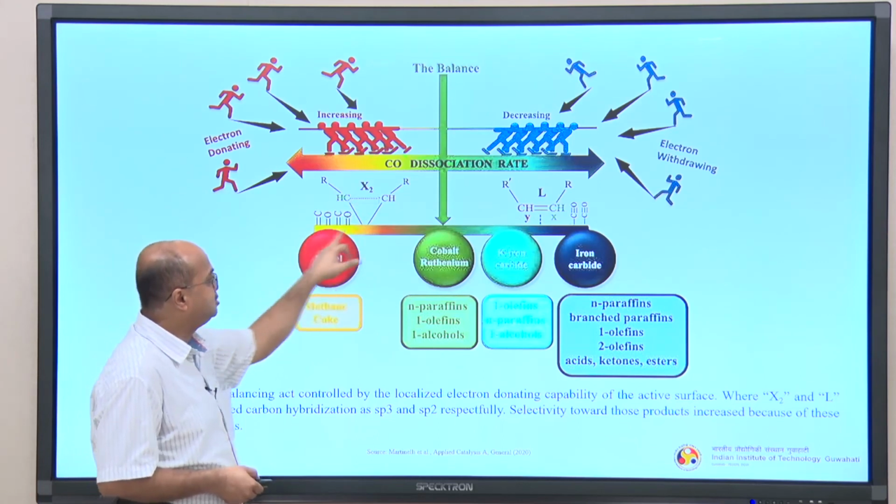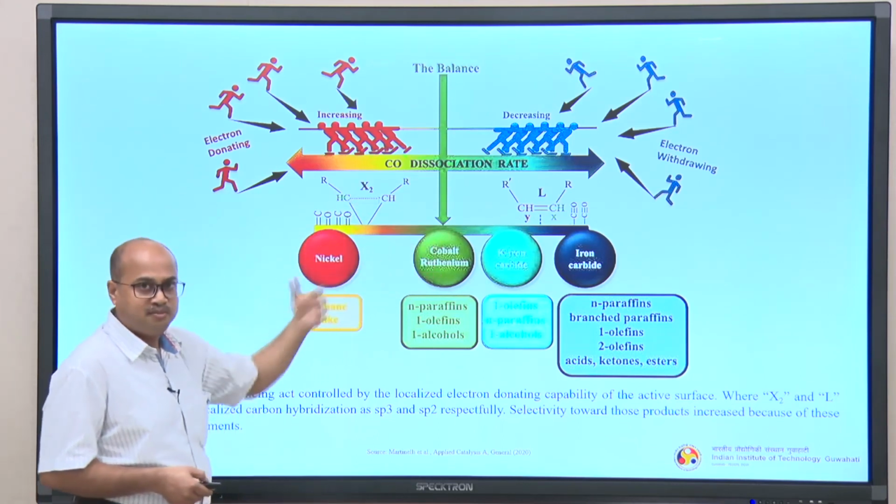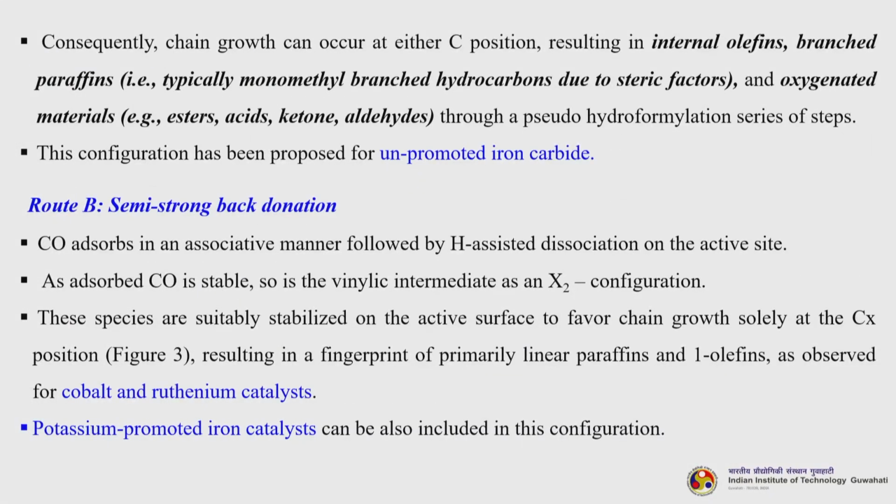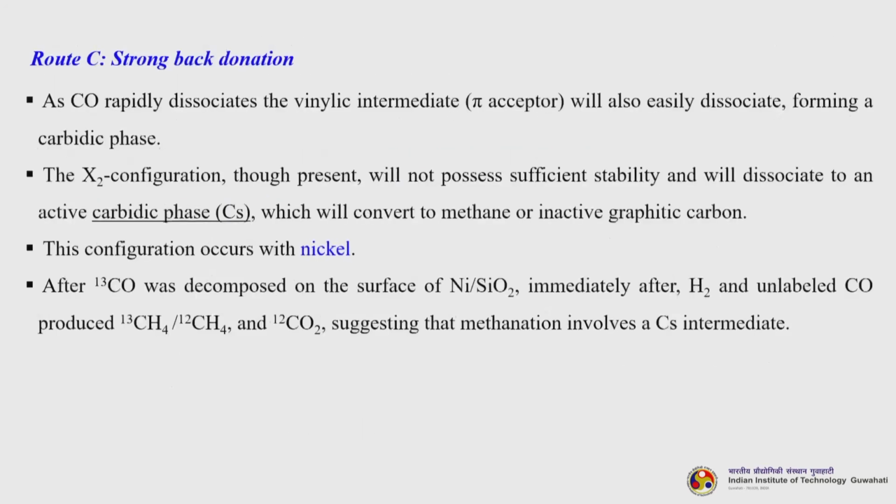This is the metallic surface of the catalyst. These species are suitably stabilized on the active surface to favor chain growth solely at the C-alpha position, resulting in a fingerprint of primarily linear paraffins and 1-olefins, as observed for cobalt and ruthenium catalysts. Usually, cobalt and ruthenium based catalysts are used. Potassium promoted iron catalyst can also be included in this configuration.